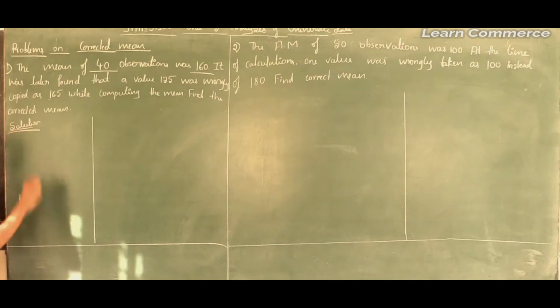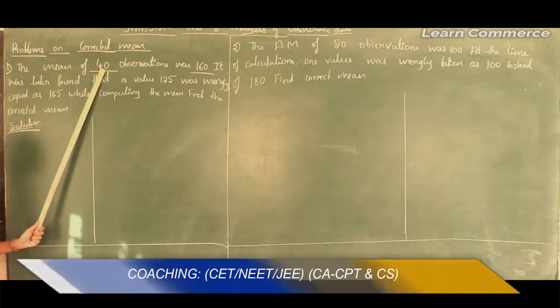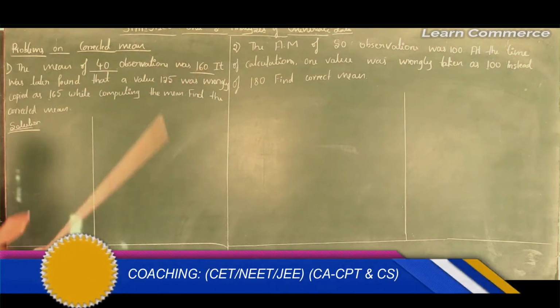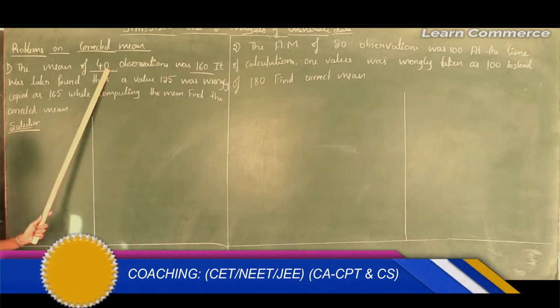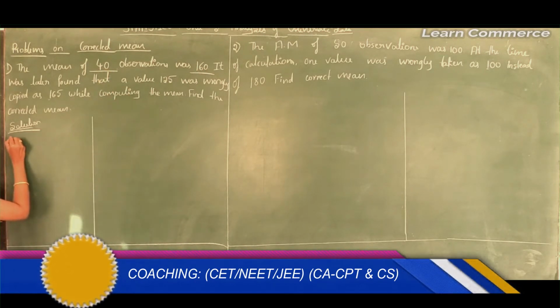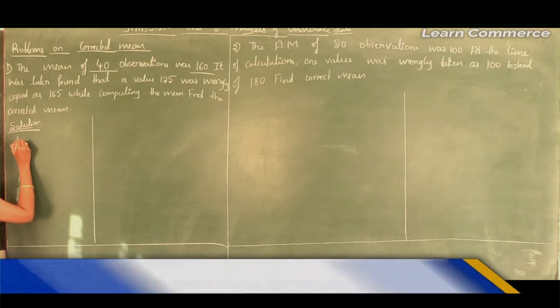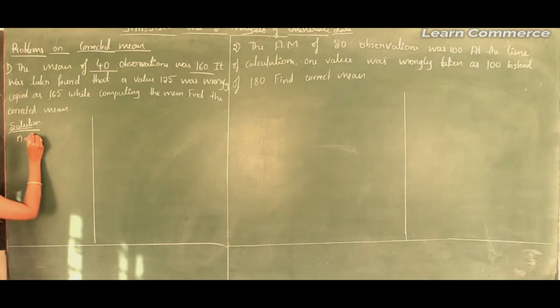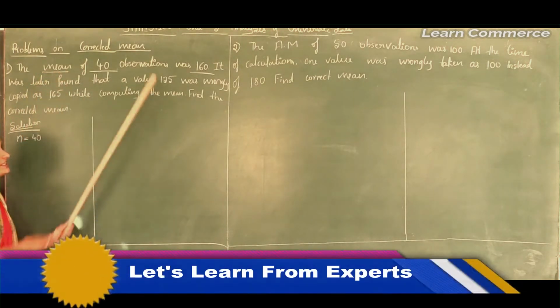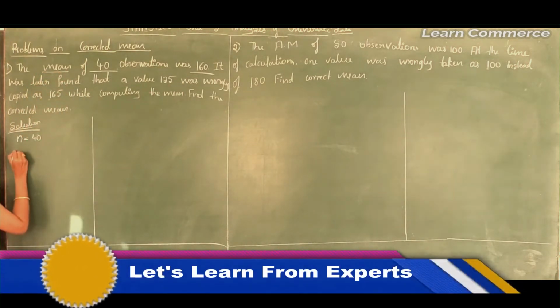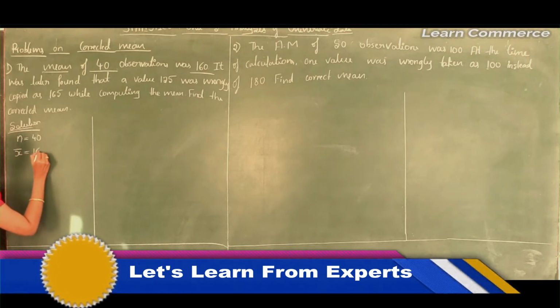Let's see the solution part. Here 40 is the number of observations and 160 is the mean. The number of observations is denoted by small letter n, so n is 40. The mean is denoted by x bar, so x bar is 160.